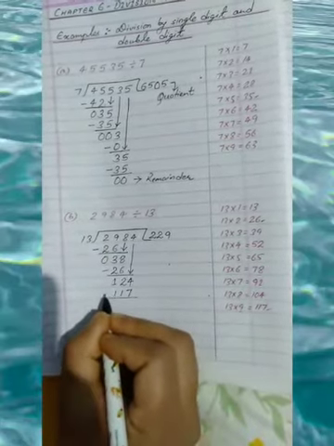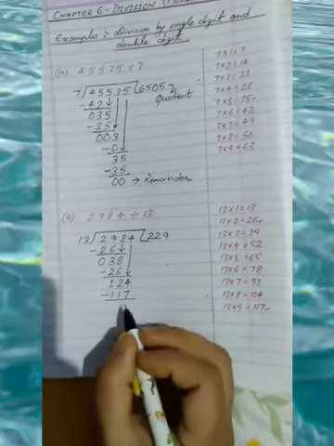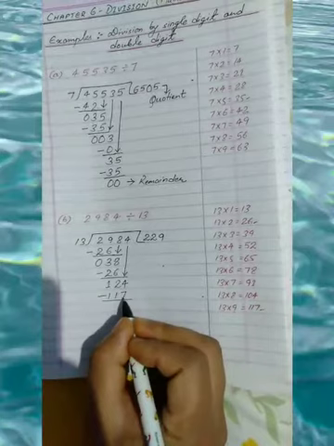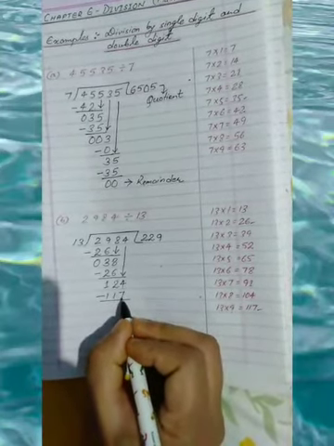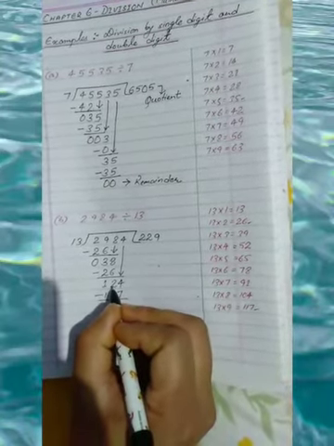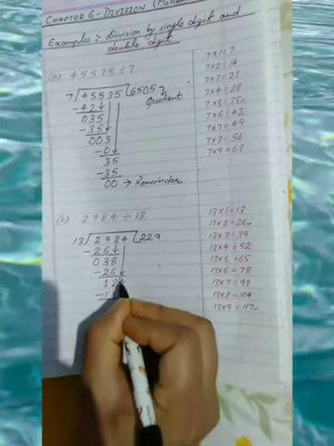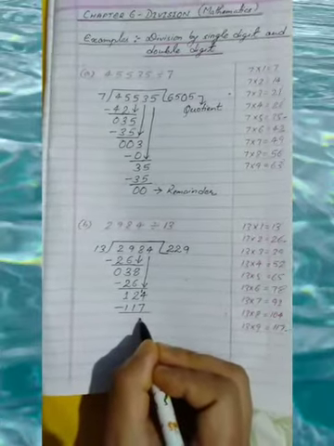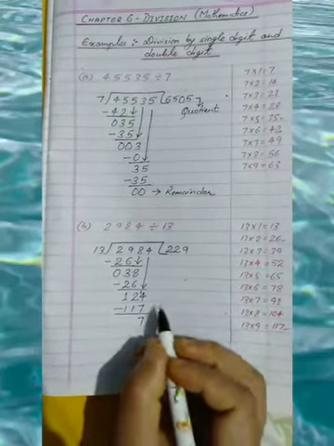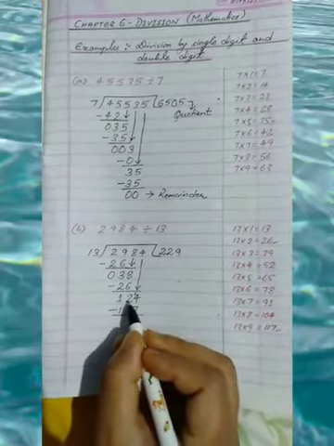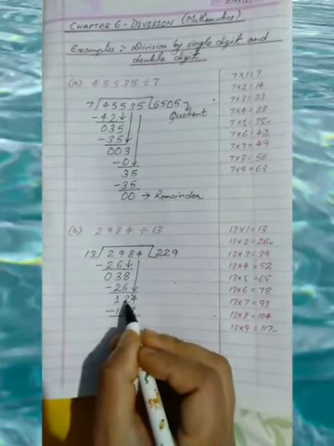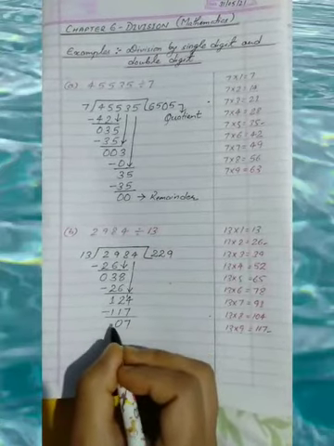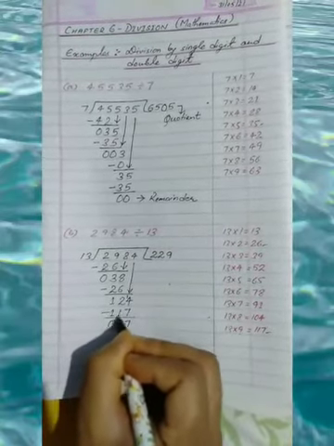Again let's draw a line, put a subtraction sign and subtract. 4 minus 7, that means 4 is smaller than 7. That's why we have to borrow 1 from 2 and it will become 14. So 14 minus 7 will give you 7. We have taken 1, so we have 1 left. So 1 minus 1 will give you 0, and again 1 minus 1 will give you 0.